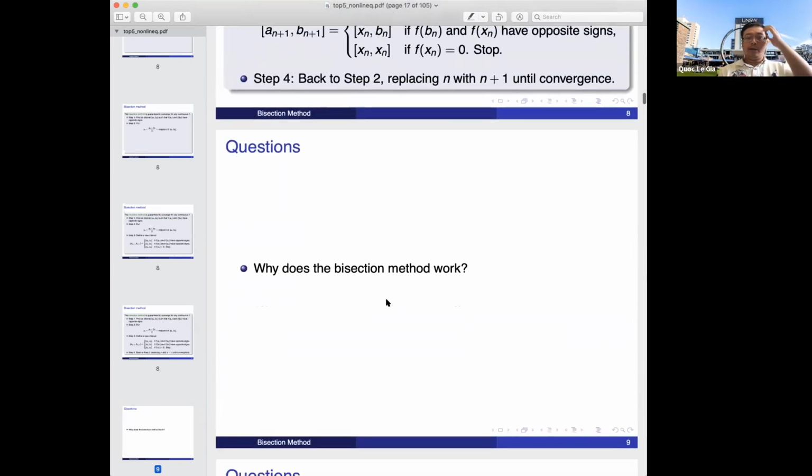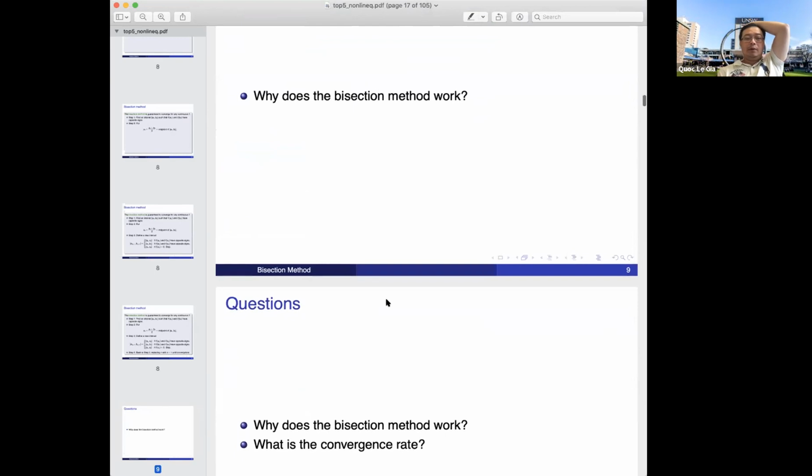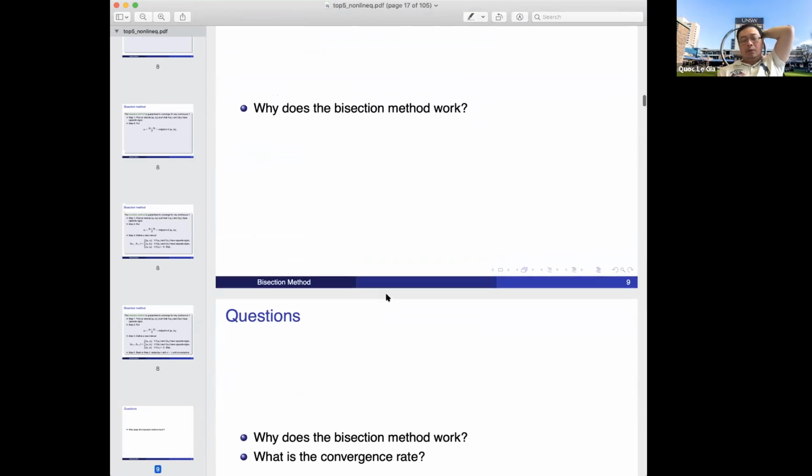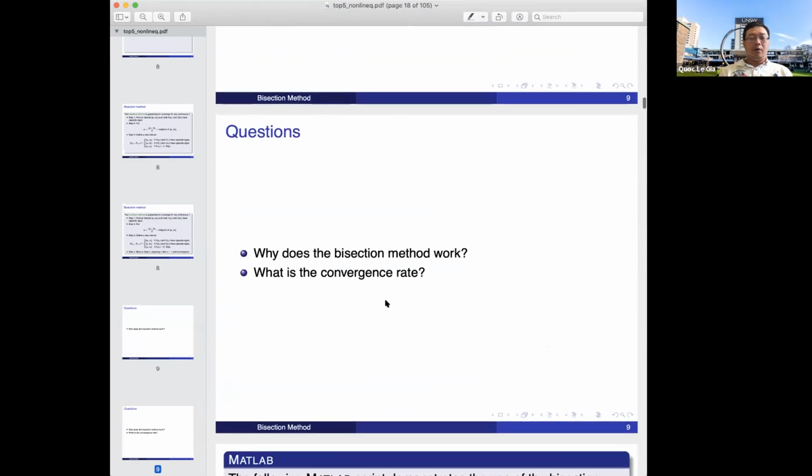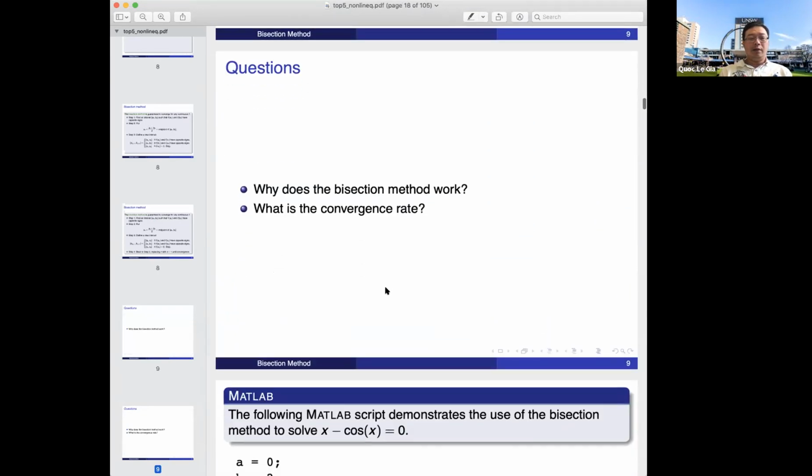So why does the bisection method work? You answered already: because f is continuous, so we can use the intermediate value theorem. And what is the convergence rate?